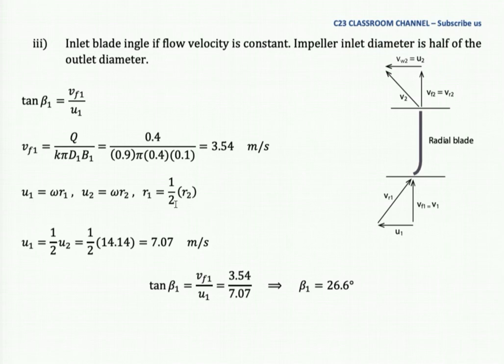So we could substitute the value of R here, and say that U1 is equal to half U2. We have U2 as 14.14, so now U1 is equal to 7.07 meters per second. So we substitute the value of U here into this equation, and we could get beta 1 here equal to 26.6 degrees.